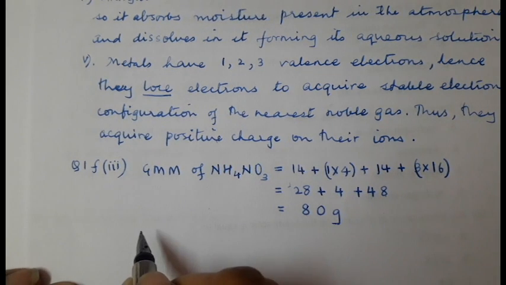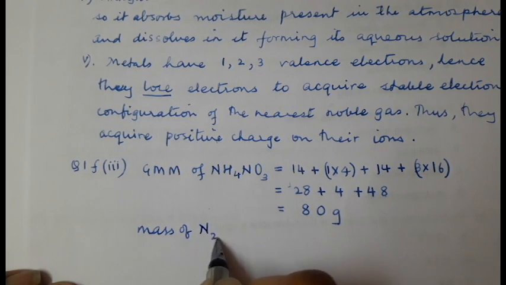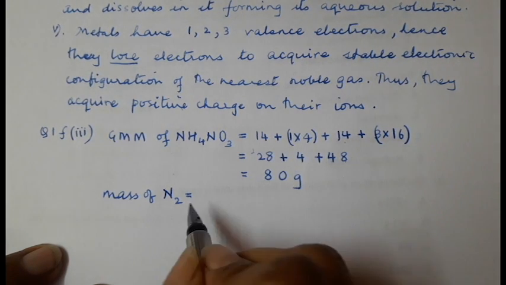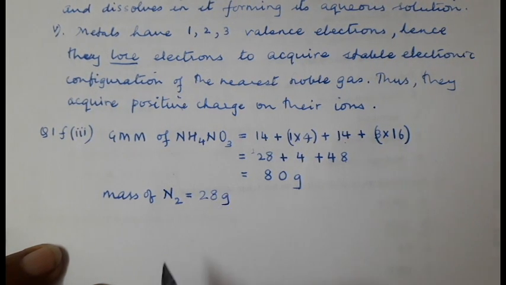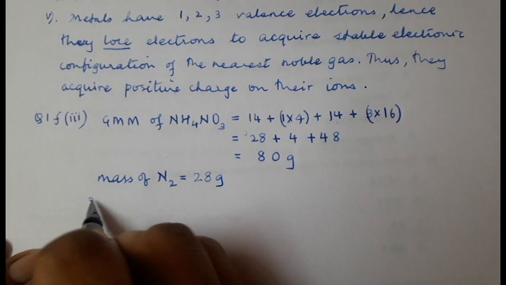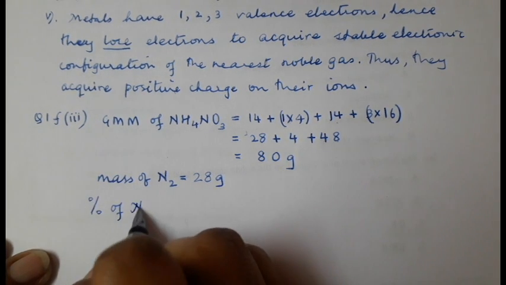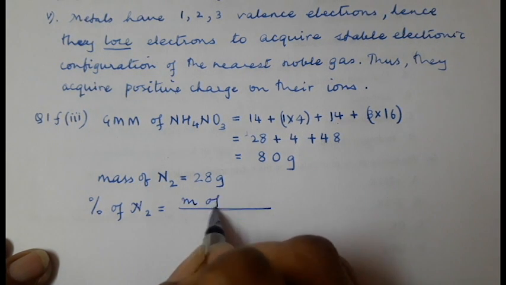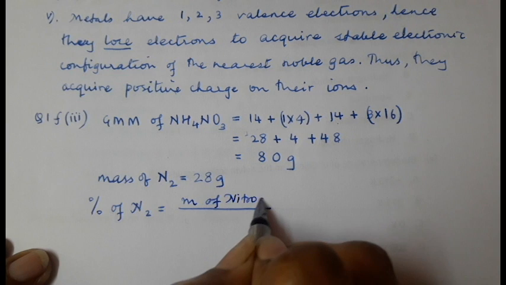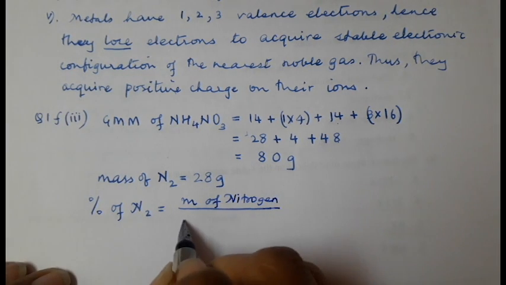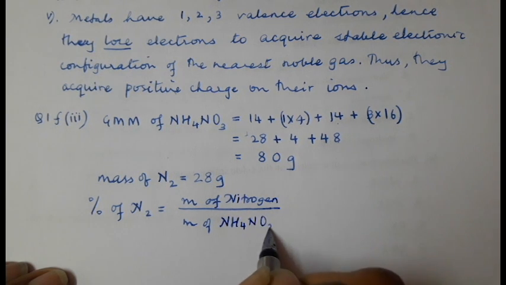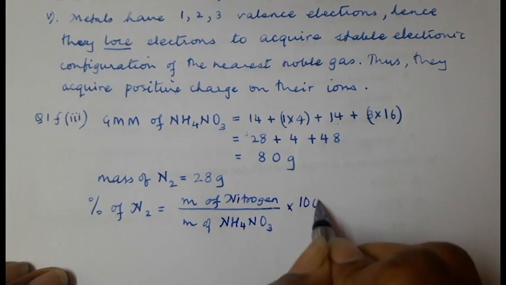Now you want percentage of nitrogen. So you will say mass of nitrogen is going to be 14 and 14, that is 28 gram. And therefore percentage of nitrogen is going to be mass of nitrogen upon mass of ammonium nitrate, and that multiplied by 100%.